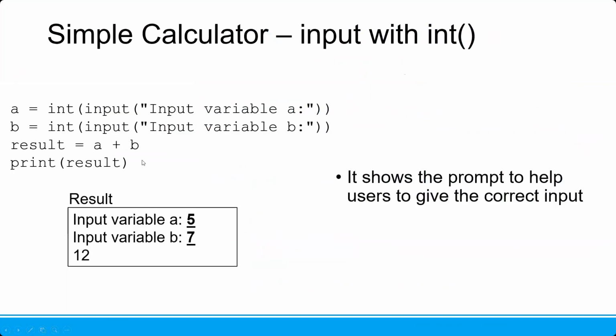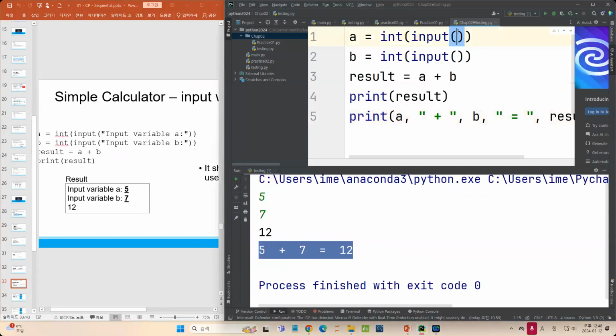In order to make it clear, let's put a prompt. What is a prompt? It means something to write before you do the input. So here it will be clear. Input A, for example, and then input B. So in the parenthesis, you can put a word, input A, input B, and let's see.